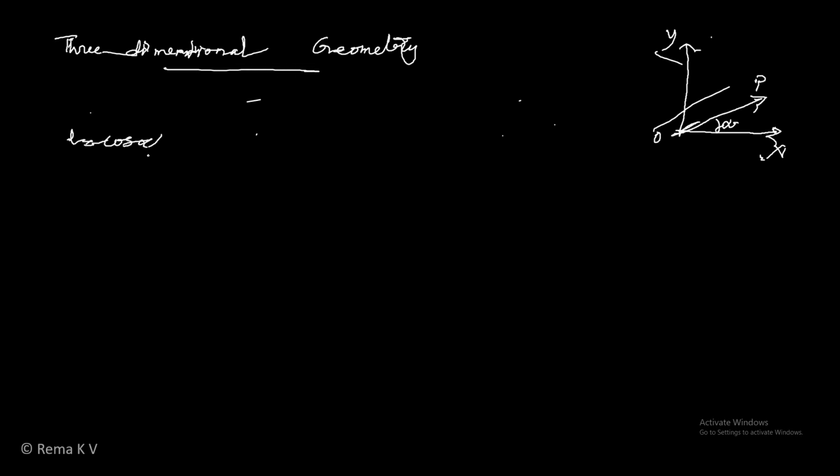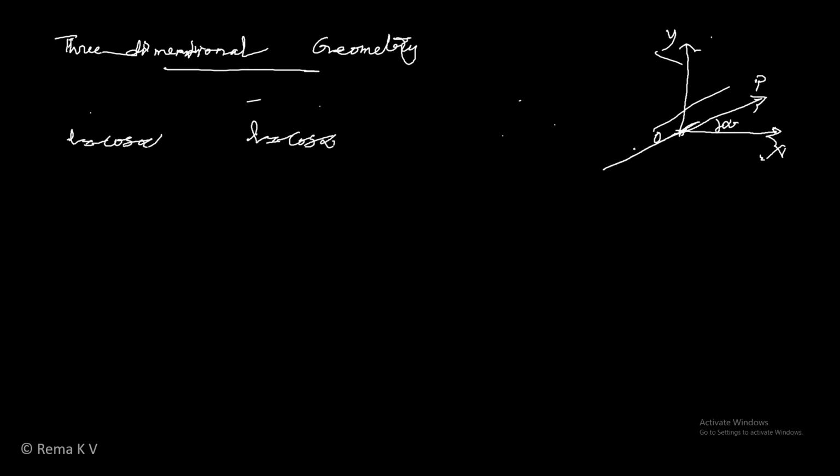to cos alpha. See, this is what we had learned in vector algebra, that is L is equal to cos alpha. This is the direction cosine. And when we are considering a line in space in three-dimensional geometry, this is the difference here.